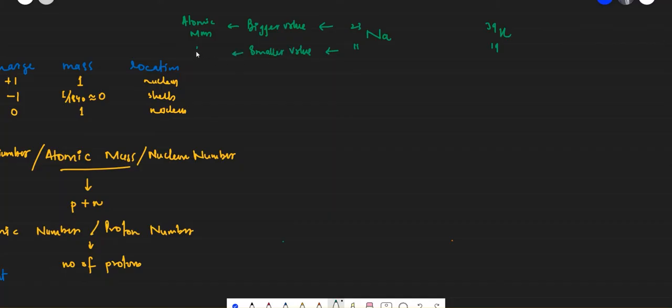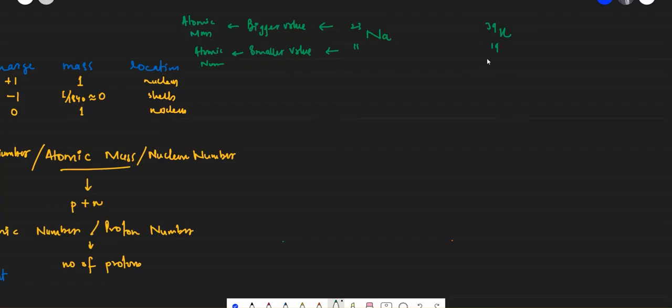That would be the atomic number, which in other words means 23 is actually protons plus neutrons, 11 is protons. In this case, atomic mass is 39, so the sum of protons and neutrons is 39, and 19 is the atomic number, which is the number of protons.